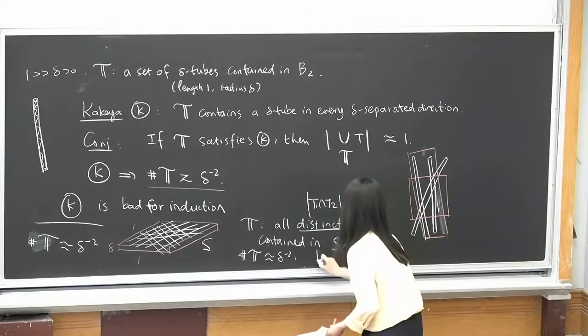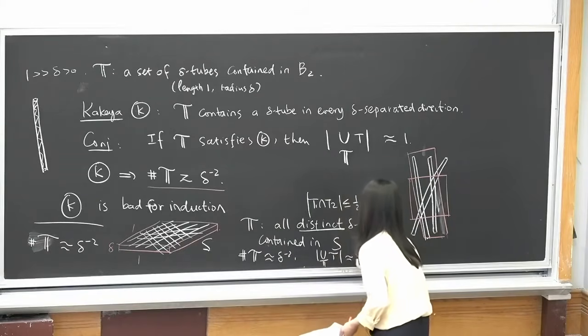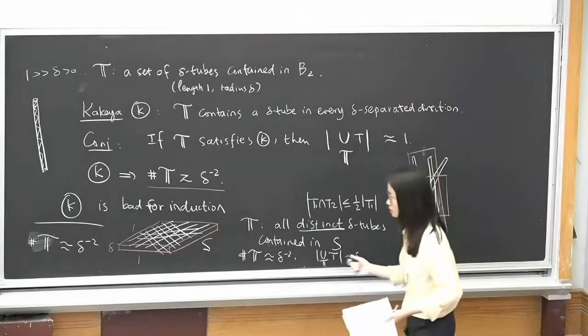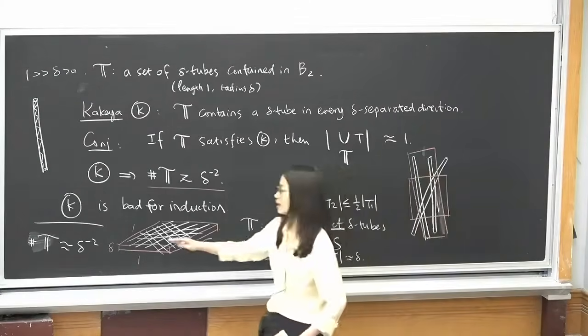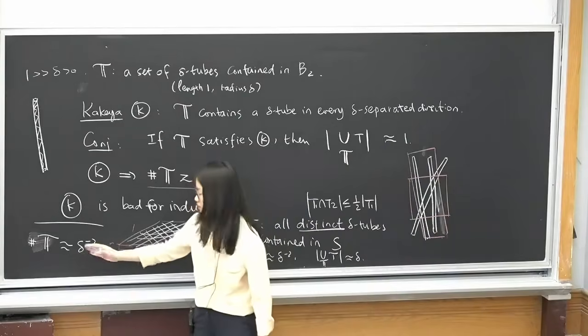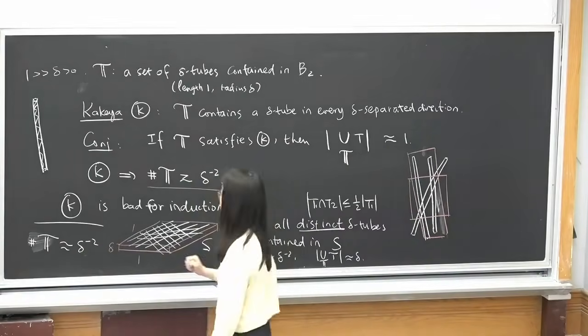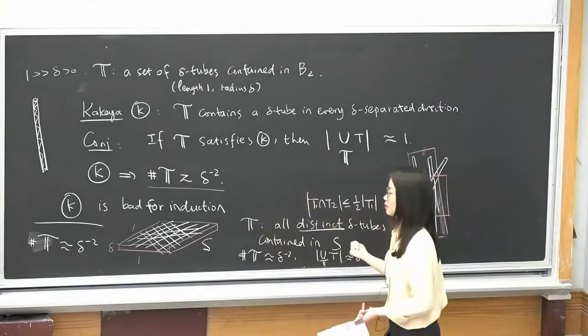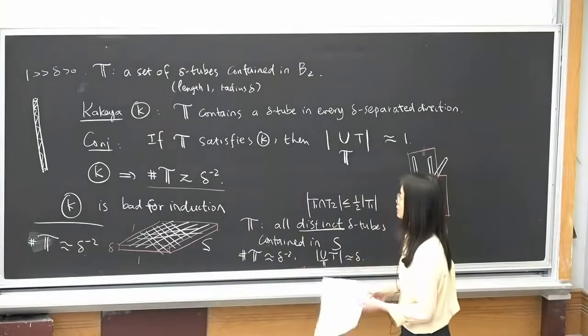But then the union has volume delta because it has most the volume of the slab. So we cannot just try to prove the result assuming just the number of tubes is delta to the minus 2. And this Kakeya assumption is very hard to use. What can we do?